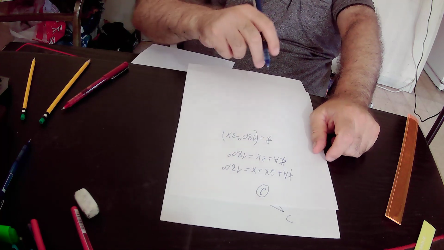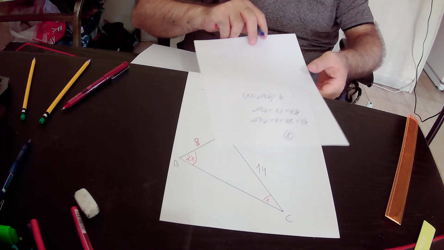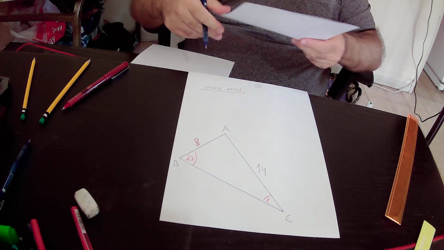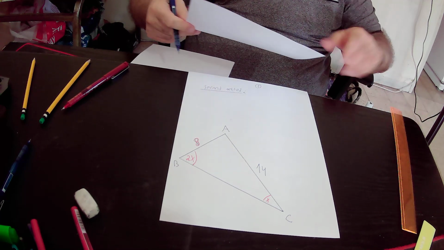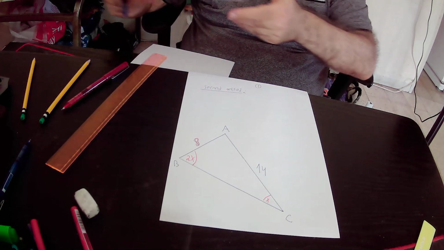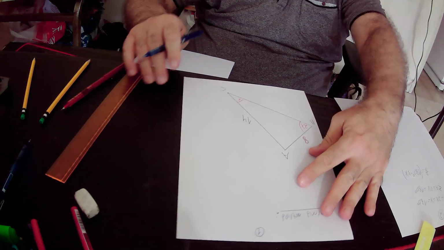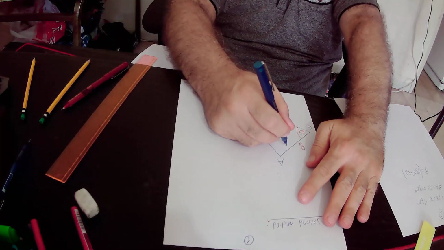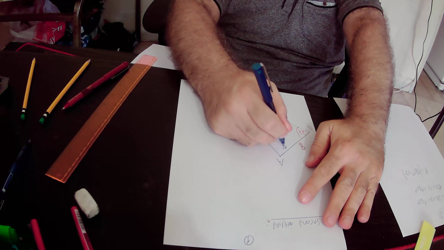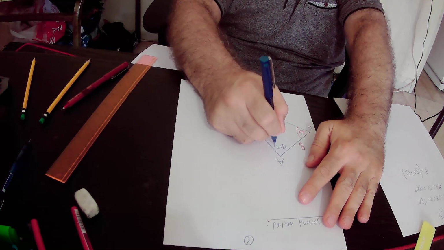The size of angle A is 180 degrees minus 3x.